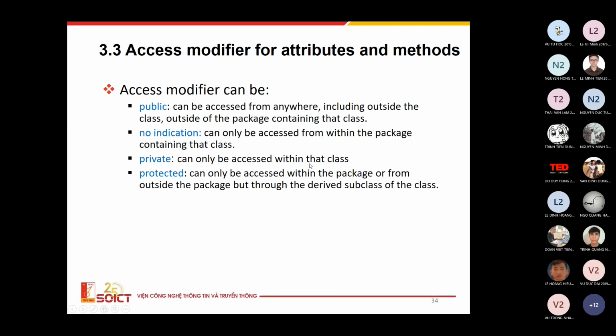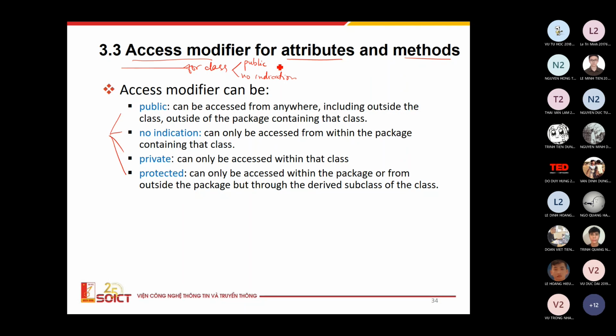And what about the access modifier for the attributes and methods? Here you will know there are 4 ways to declare the access modifier for attribute and method. It's different from the access modifier for class. For class we just have public and nothing, or no indication.